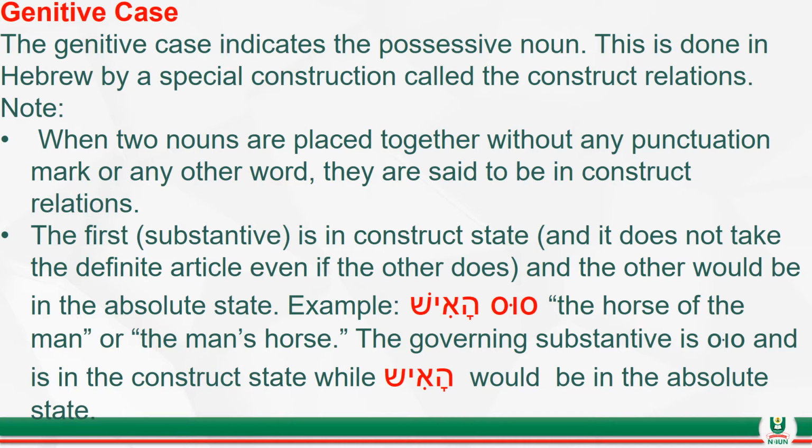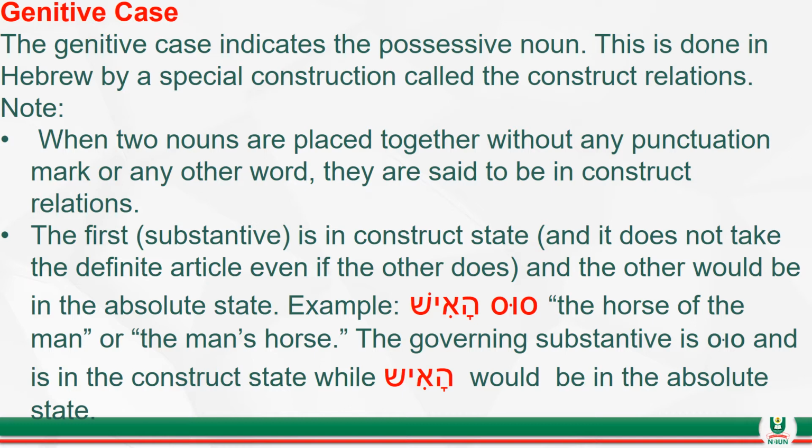When two nouns are placed together without any punctuation mark or any other word, they are said to be in construct relation. The first substantive is in construct state, and it does not take the definite article, even if the other noun takes the definite article. The second noun will be in the absolute state.